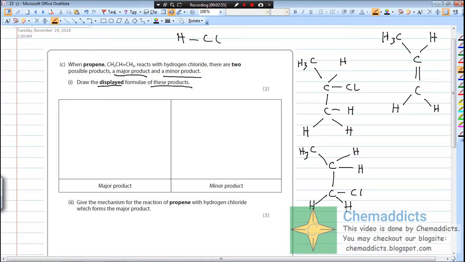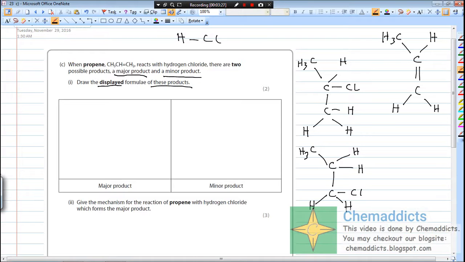So since this is formed from this asymmetric alkene molecule, there will be two possible products. One of them would be a major product and another one of them would be a minor product. Okay, so since this alkene is asymmetric, this will form two different products.